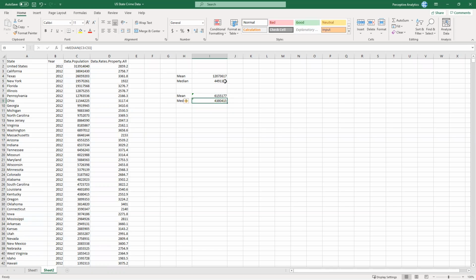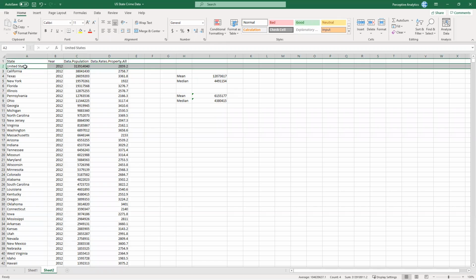Median seems to have not changed so much. So earlier it was 4.4 million, now it is 4.3 million, which is pretty close, but it has not changed drastically like our mean. So this is a very interesting topic that normally people take into consideration: whenever your data is filled with outliers, your mean is very much influenced by the outliers.